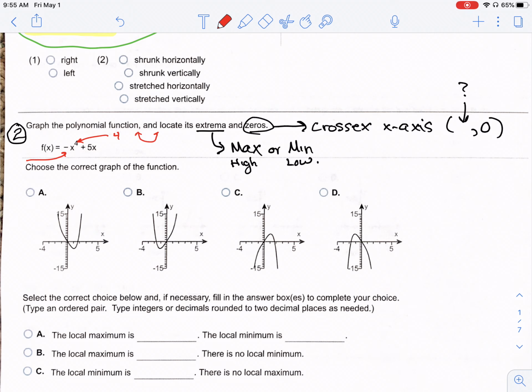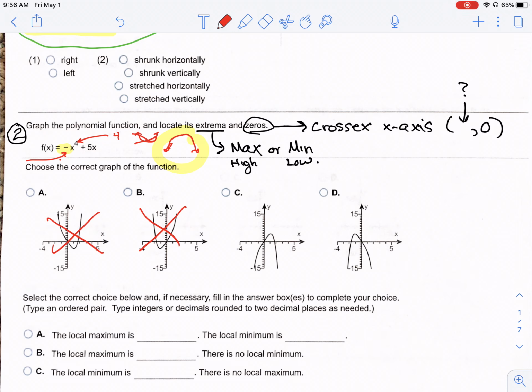Oh, except since this is negative, we're going to have some kind of funny shaped upside down quartic function. So I know right there that because mine needs to be upside down like this because of this negative leading coefficient, I immediately know that it's not A or B.